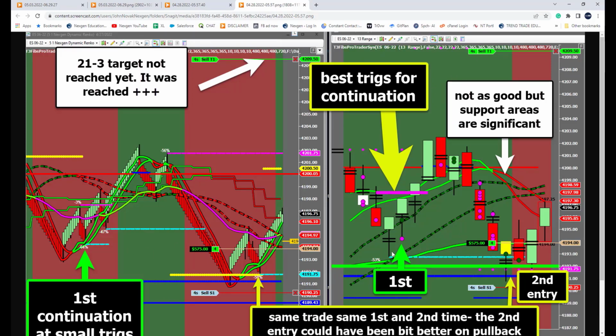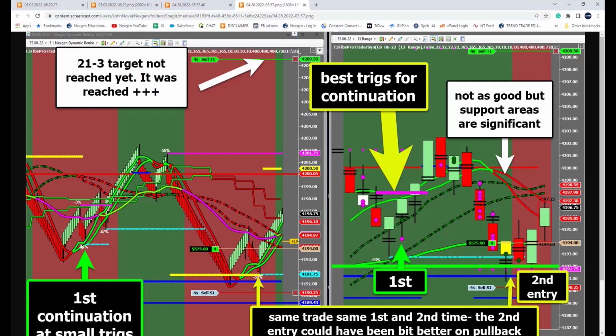So over here, let's take a look at the 13 range chart first on the right. We're going up. We're at the big triggers. I know we're going up. Every chart says we're going up. So I get a signal, antenna bar. I'm looking to buy a pullback to get up to the fib.